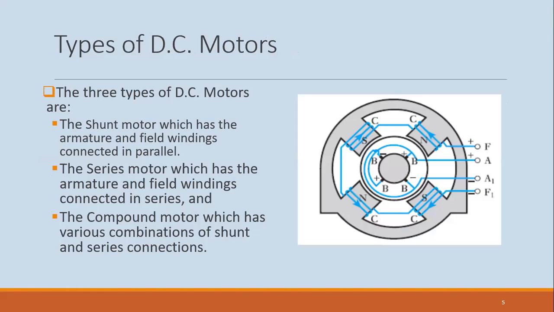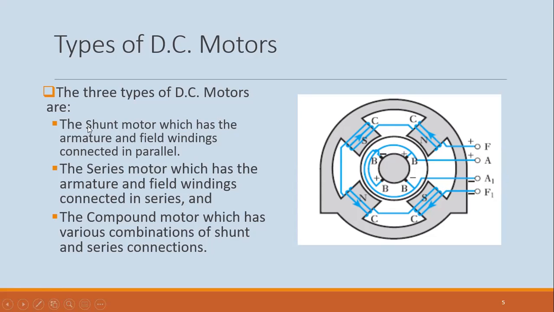All right, again, the machines, the type depend on how the windings are connected, the field windings and the armature windings. And if you have viewed the video of the DC shunt motor, you would have seen Mr. Campbell connecting the field windings to the armature winding in shunt, right, or in parallel.